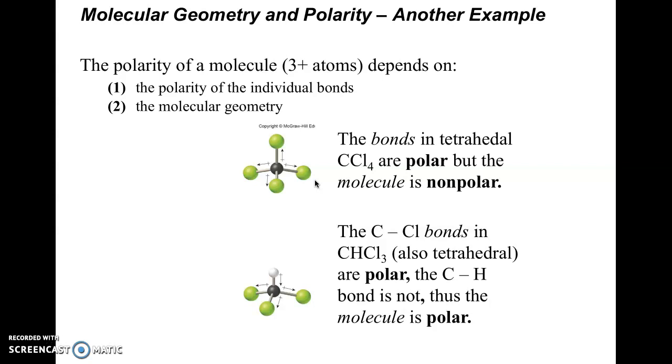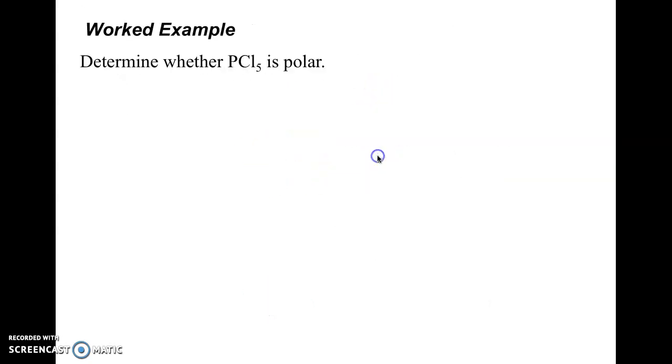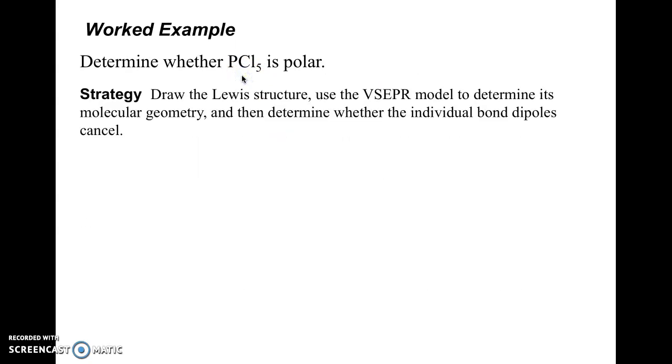But if you replace one chlorine with a hydrogen such that the various poles of electrons towards the chlorine don't cancel one another out, plus you have a dipole towards the carbon from the hydrogen, then this becomes a polar molecule.